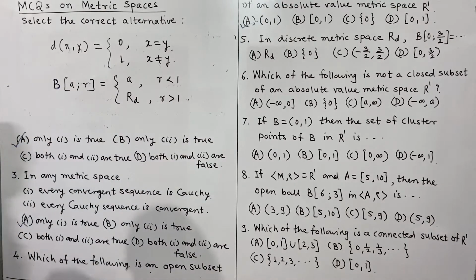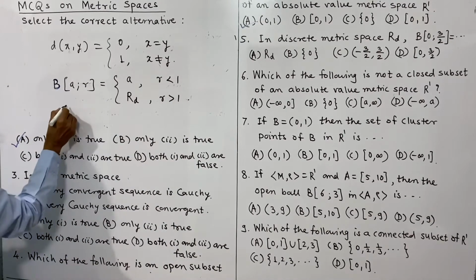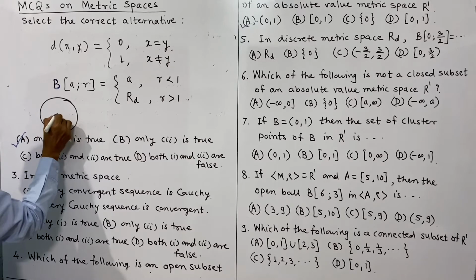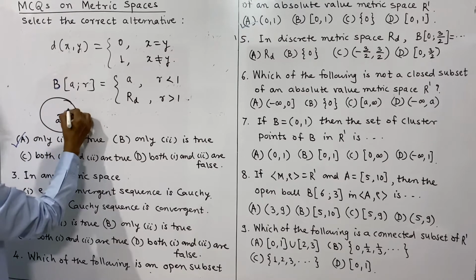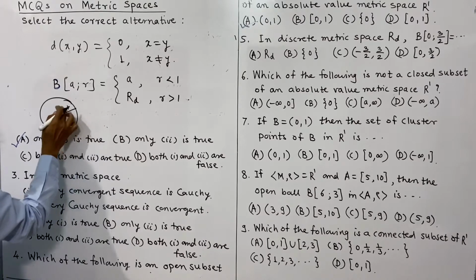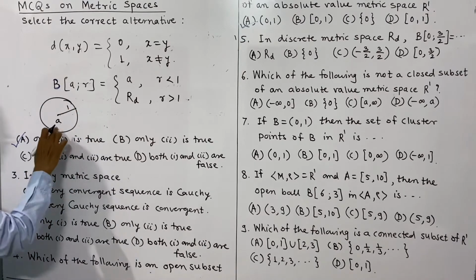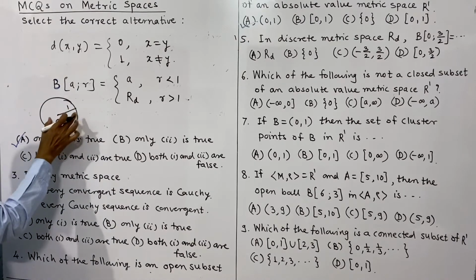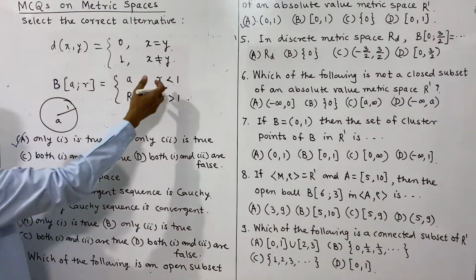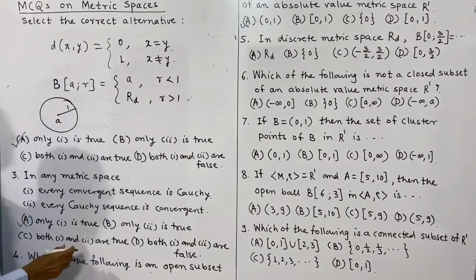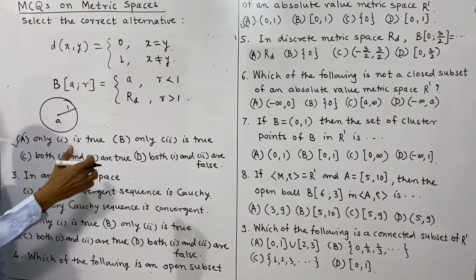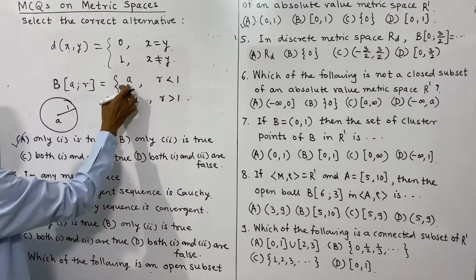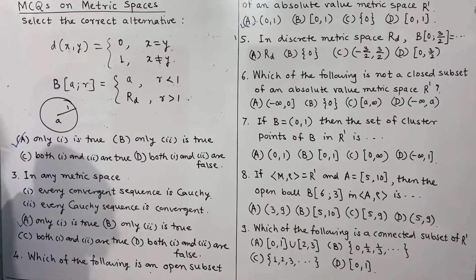So that is to be remembered, because if you consider the open ball with center A and radius 1, then there is no other point except A inside this open ball. If R is less than or equal to 1, then by definition we have to consider distance less than 1, and therefore it contains only one point.